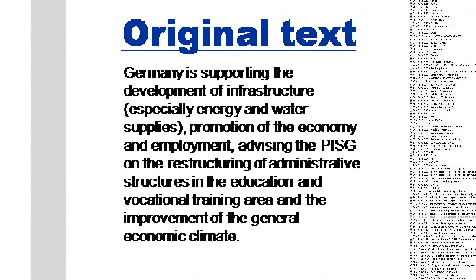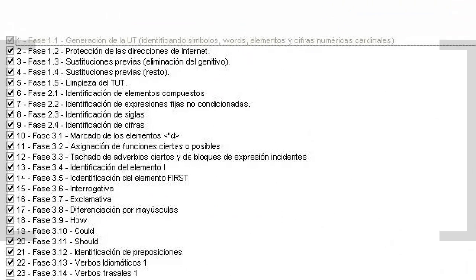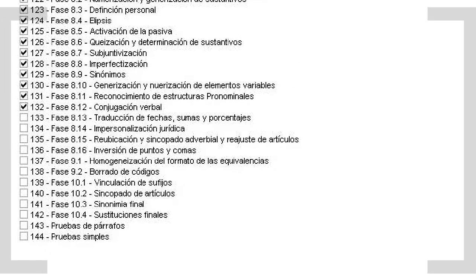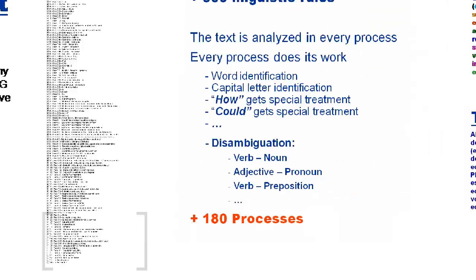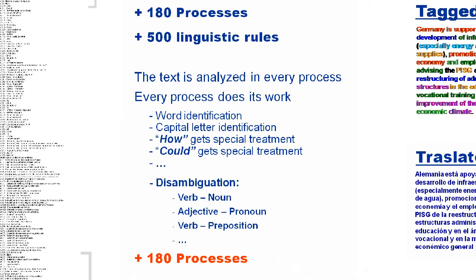So, starting with the text in English, Victor submits it to more than 180 computer routines, which apply more than 500 linguistic rules. All the text is analyzed in each process, and words, symbols, internet addresses, etc. are all identified and labeled.